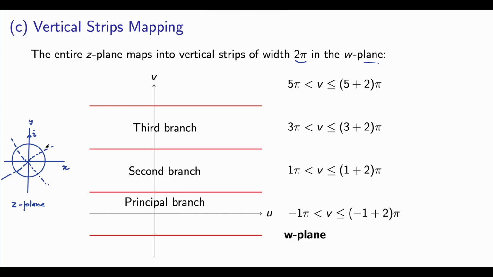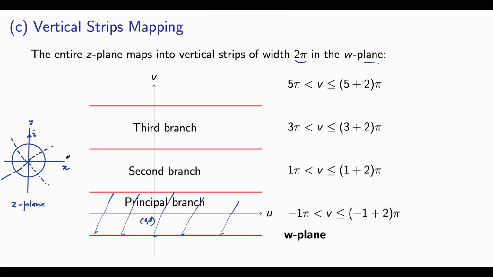These lines map parallel to the u axis. If we consider the principal branch, this is the origin 0, 0, and the principal branch means here minus pi to pi.